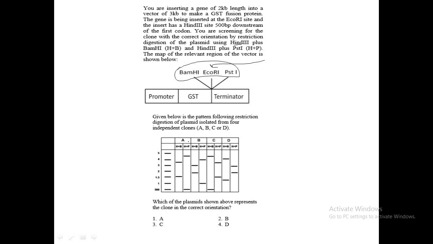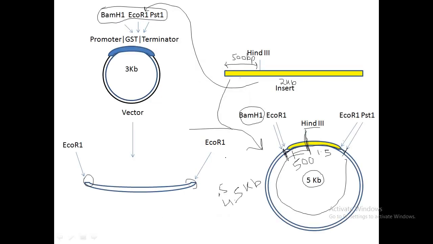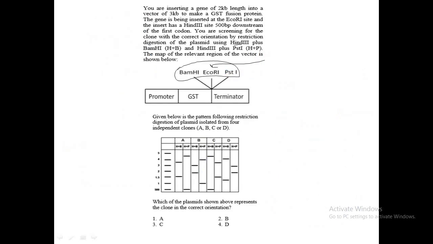Look at part A. When you treat it with HindIII and PstI, for clone A we are getting around 4.5 and 0.5, but we need around 1.5 and 3.5, so this is not coming after restriction digestion of clone A. Similarly in B, we are getting around 4 kb and 1 kb.